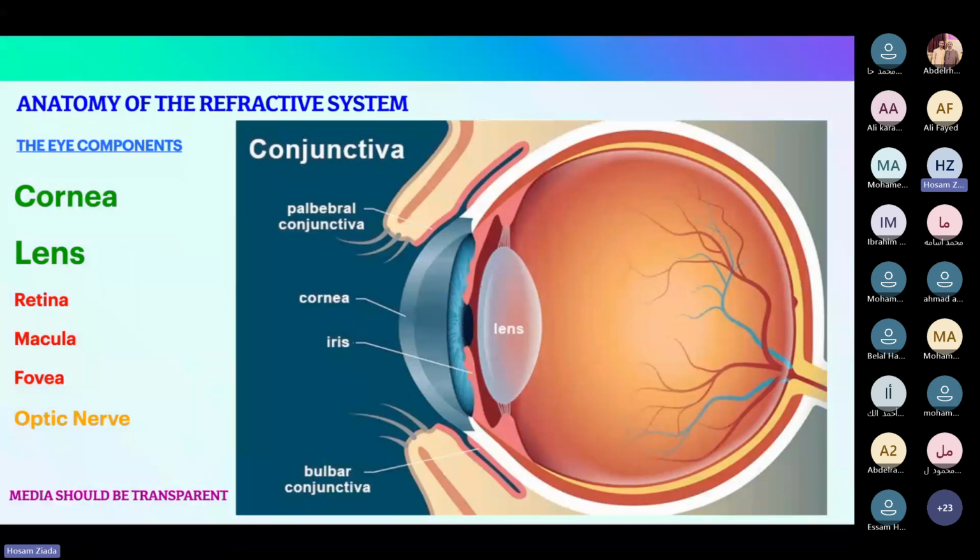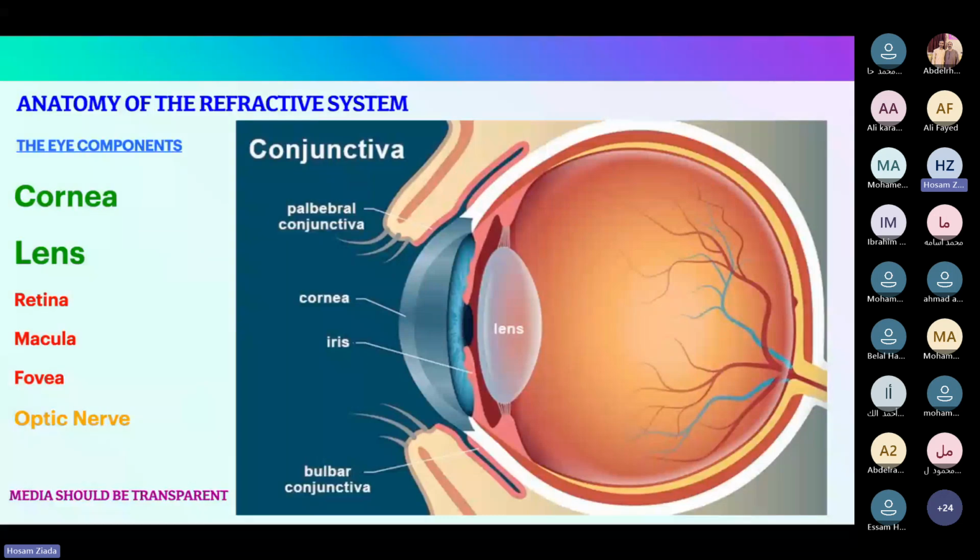But you have to know an important fact, which is that the media should be transparent. If there is no transparency in the cornea, the vision won't be good. If there is no transparency, the lens won't be good again. And finally, if there is no transparency in the vitreous cavity, which is the space through which the light rays pass to be a sharp focus on the retina.